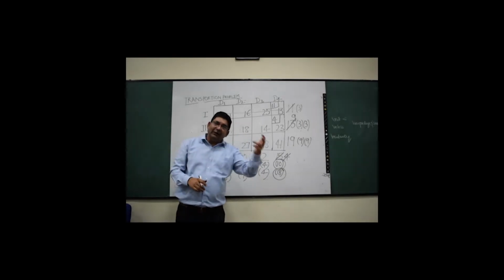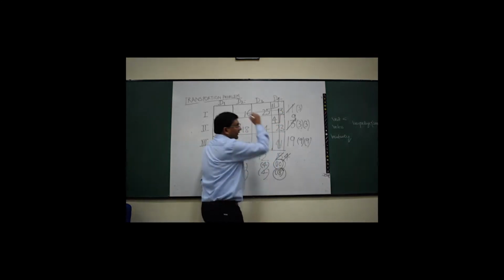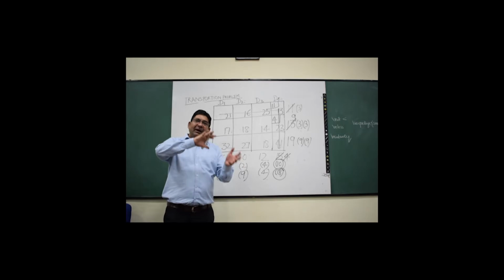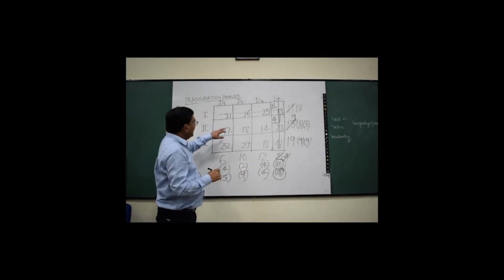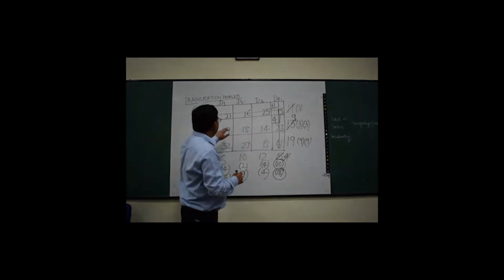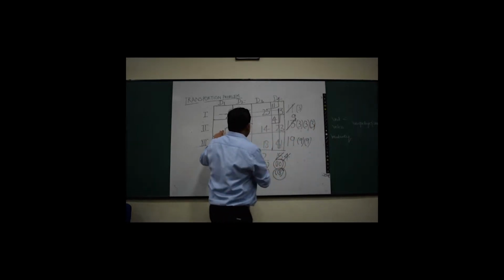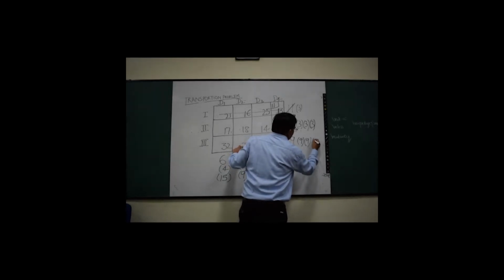For the next calculation, we'll eliminate this column. Again, we'll calculate the penalties. Minimum and next to minimum, this is 3. Minimum next to minimum 9.